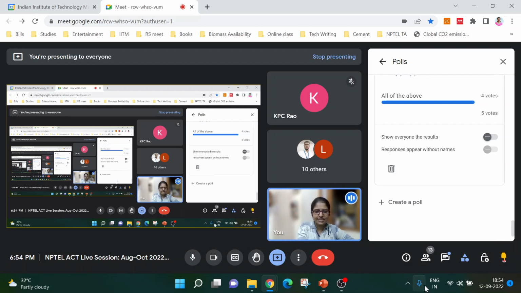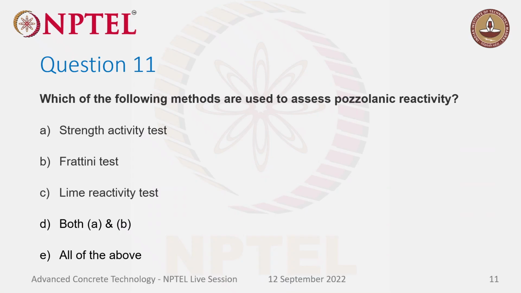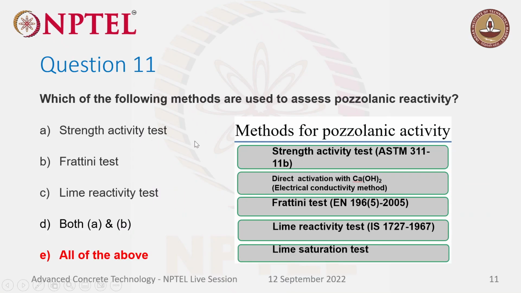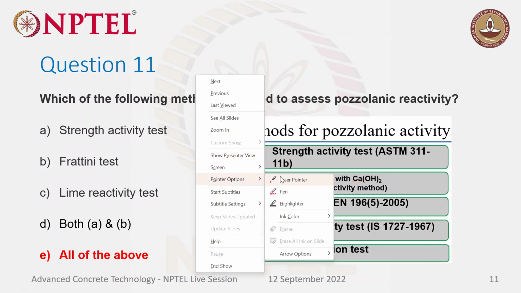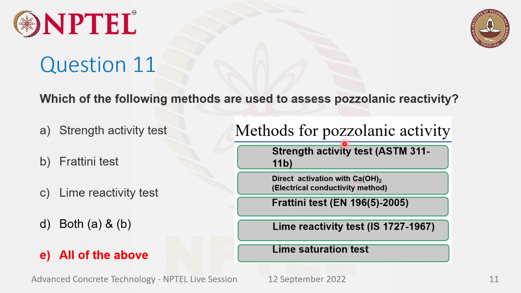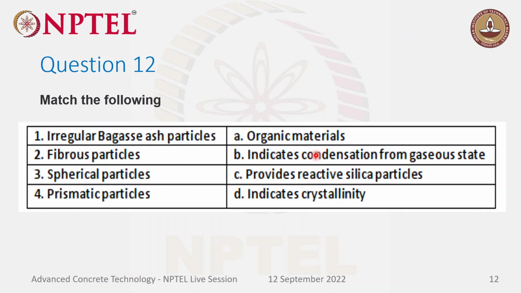The correct answer is all of the above. It is direct from the lecture PPT. Here they have given the methods used for measuring pozzolanic reactivity: strength activity index test, electrical conductivity method, Fratini test, lime reactivity test, and lime saturation test. All these methods are used for measuring pozzolanic reactivity. So the correct answer is all of the above.